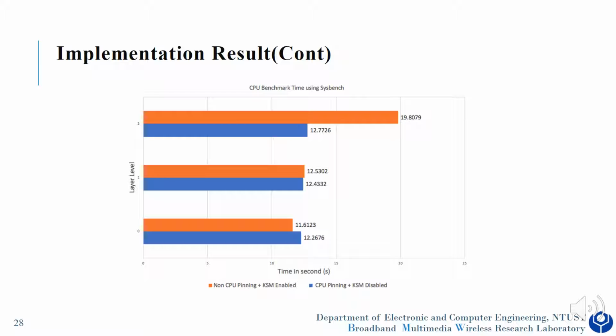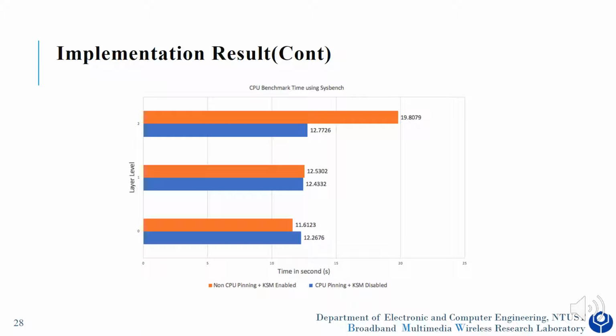But the most significant one is layer level 2, where all of the services and VMs are deployed on top of OpenStack. It took 90 seconds for the calculation without our optimization, but using our optimization, it took only 12.7 seconds.